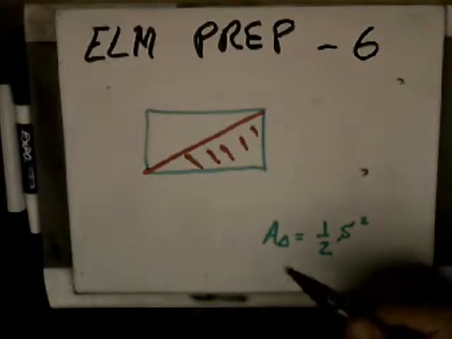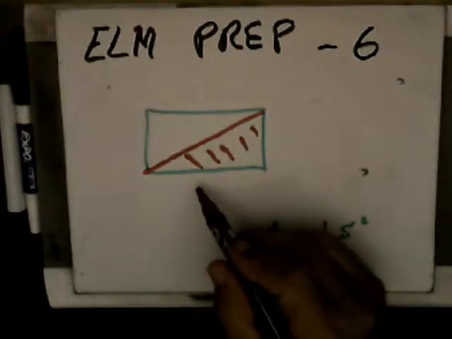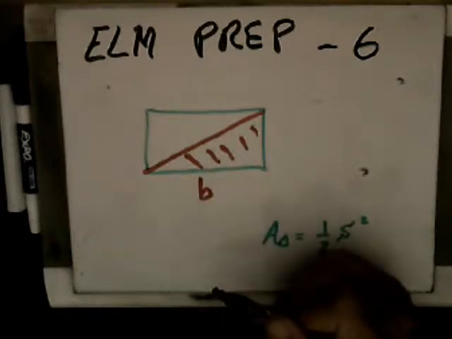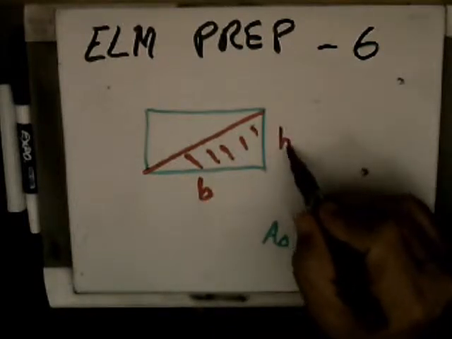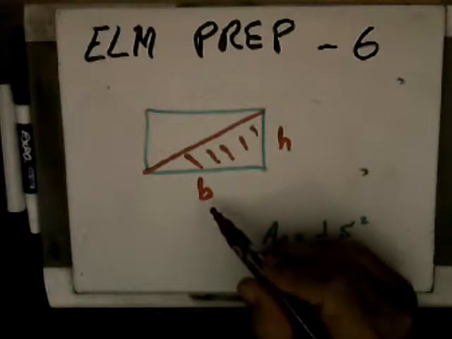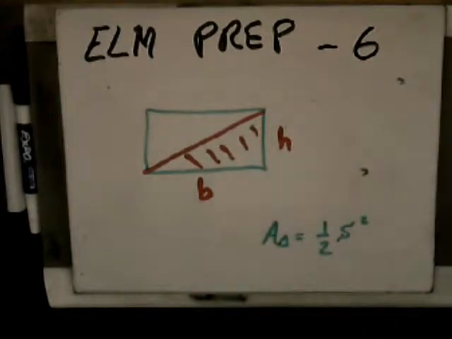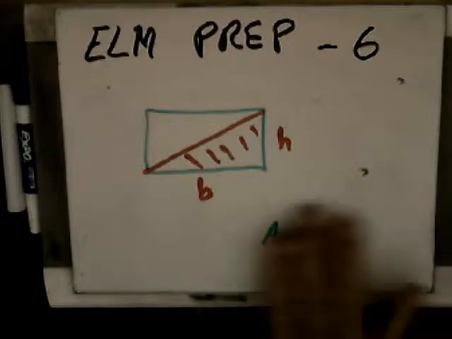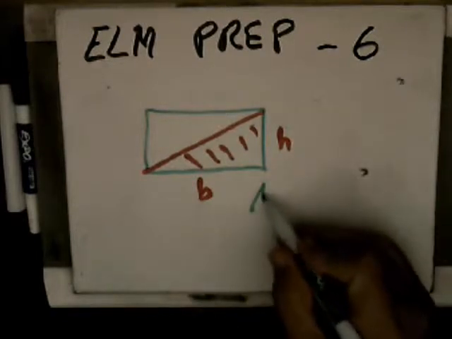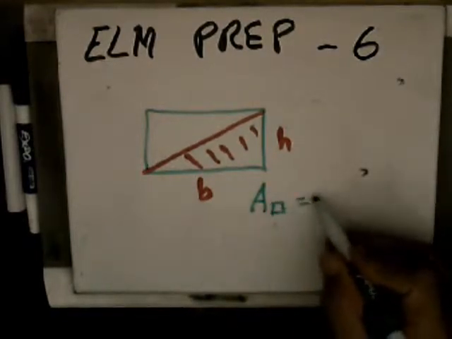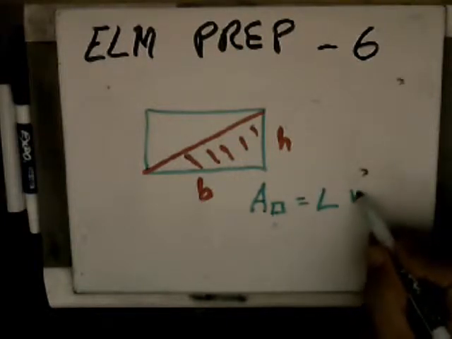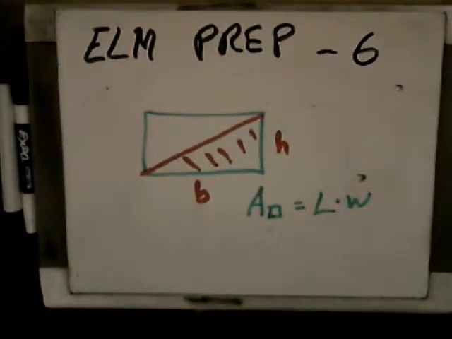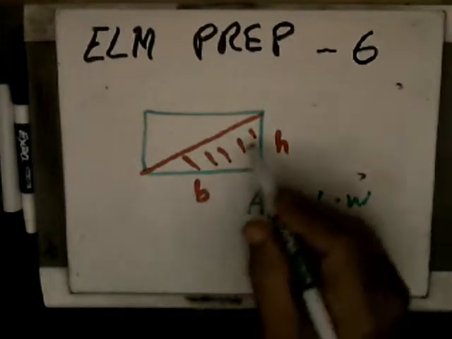Sometimes in triangles, we call this the base, and we call this the height. It's nothing more than a fancy way of saying length and width. We know the area of a rectangle is length times width, so half of that would be the area of a triangle.